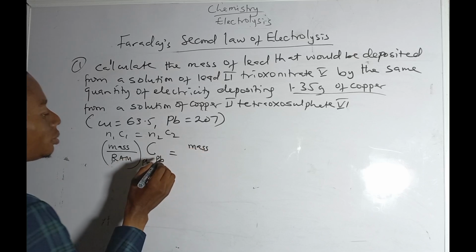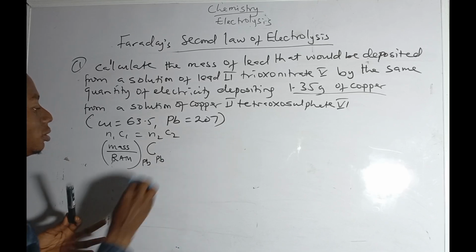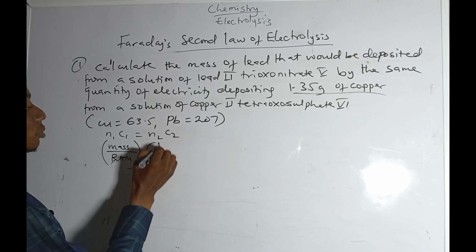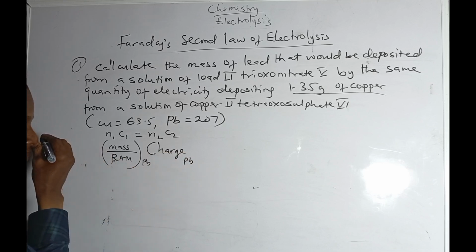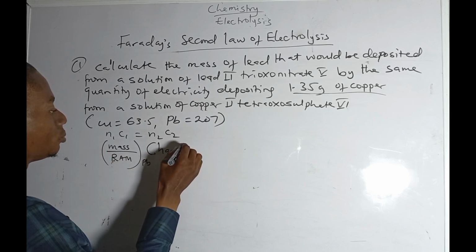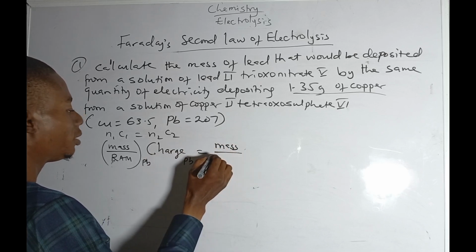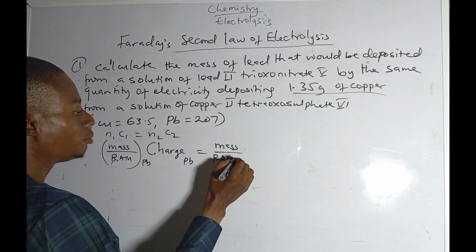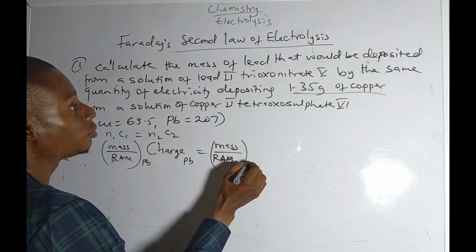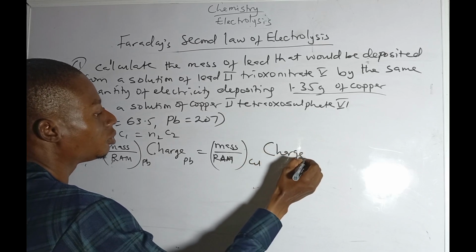Maybe I should write the charge in full so that you can understand what I'm saying. Charge of lead is equal to mass over RAM of copper, Cu, times charge of copper.